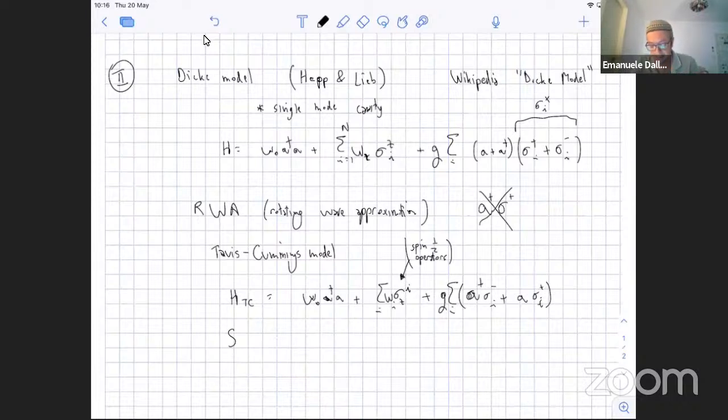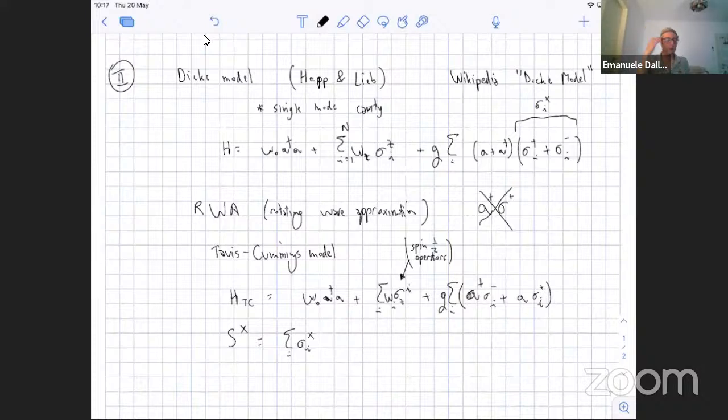But to make the definition of the total spin precise, we would like to use these spin-half operators, which are half of the Pauli matrices. So we define the total spin Sx, which is just the sum over i of σx^i.